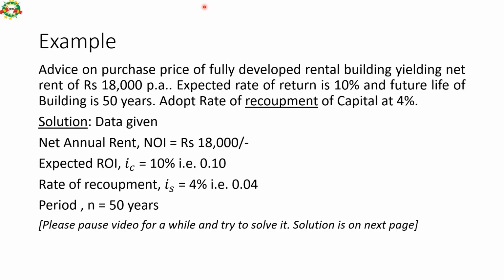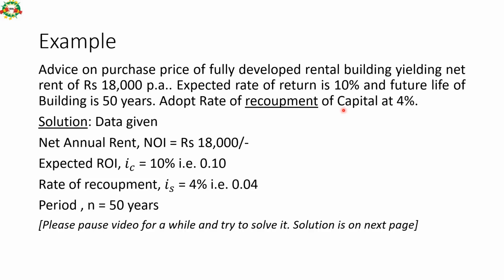If you are not clear on net annual rent, you should go to the previous session where we discussed gross rent, outgoings, and that total rent minus outgoings is equal to net annual rent. Expected rate of return is 10% and the future life of the building is 50 years. So ROI, like the remunerative rate of interest, is 10% here, the life period is 50 years, and the recoupment rate is 4%.